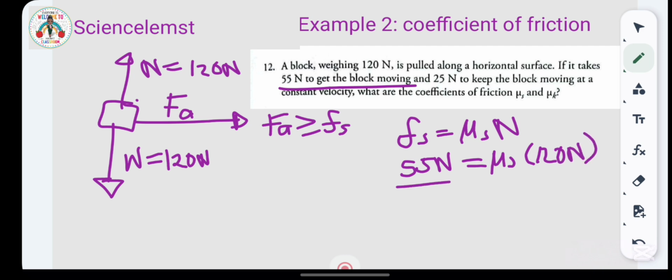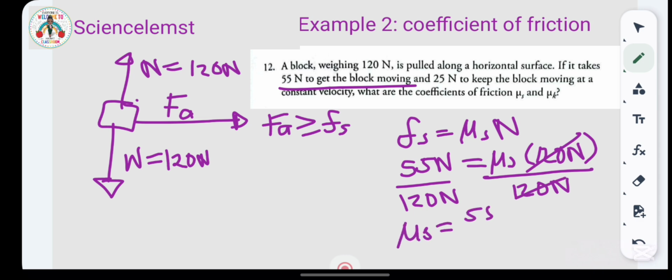So I want μs to be left alone on that side. I am going to divide both sides by 120 Newton. So cancel. Then I have μs equals 55 Newton over 120 Newton. From mathematics, I know if I divide two numbers or two variables that are identical, they have to cancel out each other.